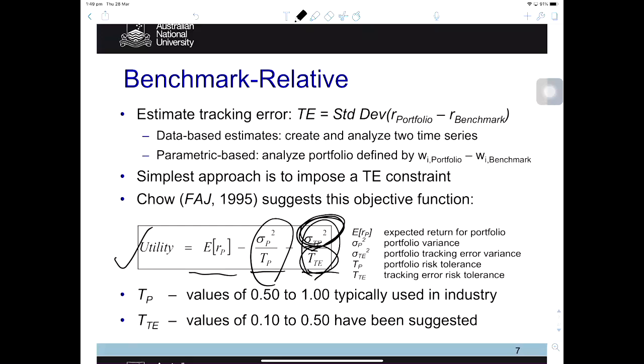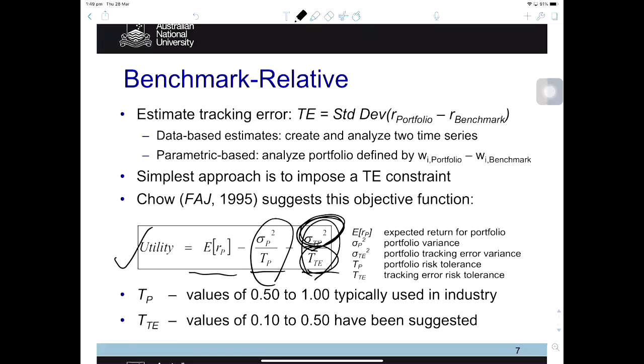When they assess their welfare or happiness from controlling their financial assets, they constantly compare the performance of their portfolio to someone else's. So this model incorporates this behavioral characteristic of real-world investors. Minimizing the portfolio tracking error variance tends to maximize the utility for investors who hold that portfolio.